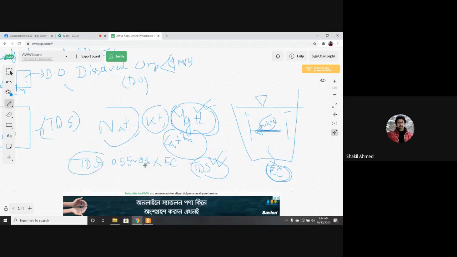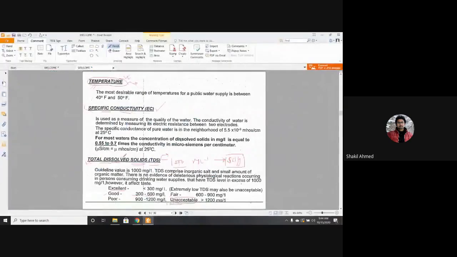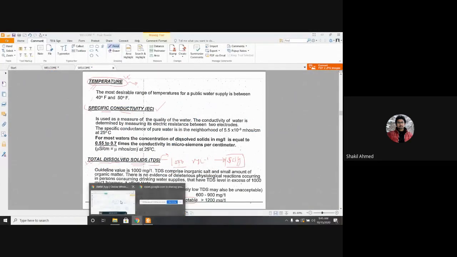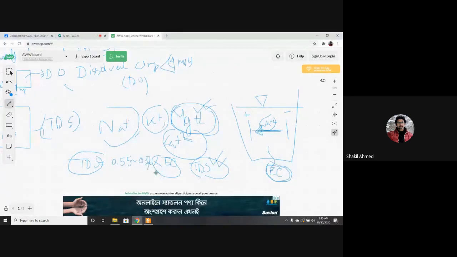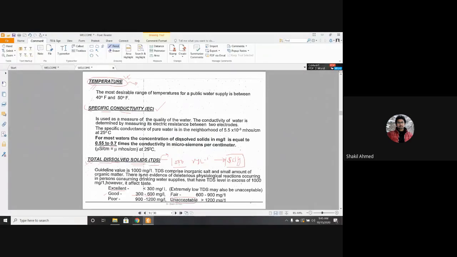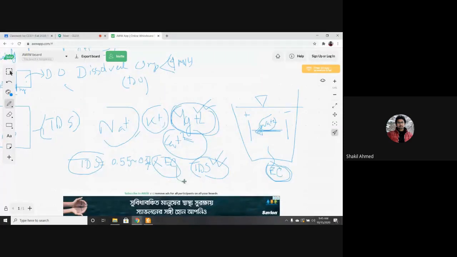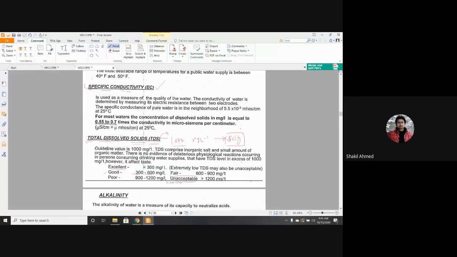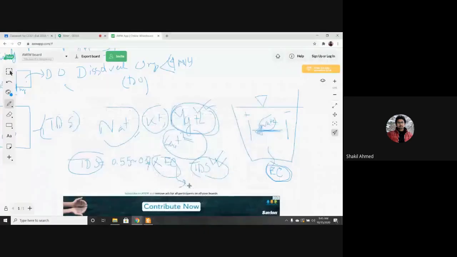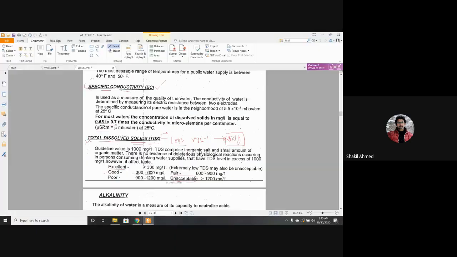So TDS can be measured using electrical conductivity, where the unit of electrical conductivity has to be microsiemens per centimeter, and the TDS unit will be milligram per liter. Is it clear, guys? Yes, sir.